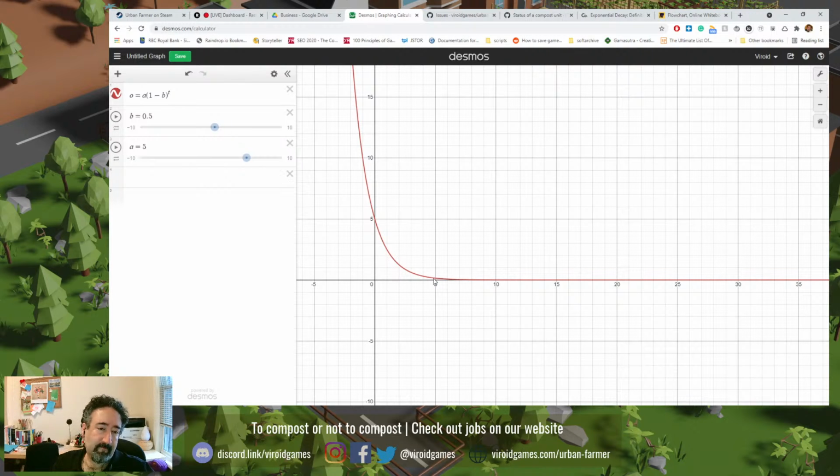So if oxygen level is expected between these two numbers here, then we are way down here.